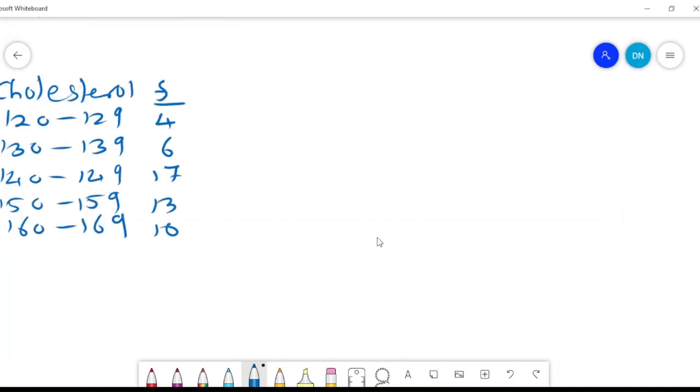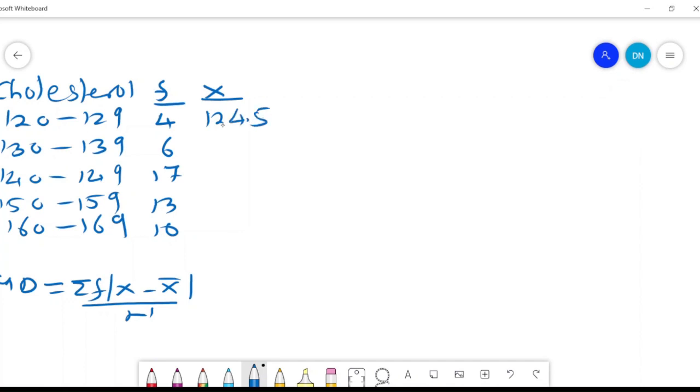So remember that the mean deviation is given by the summation of f times the absolute value of x minus x bar, divided by n. The first thing is I need to get the midpoint, which is what we call x, and this is 124.5.